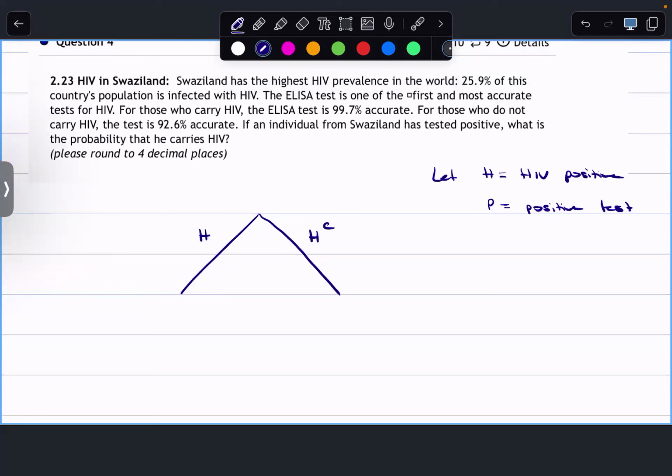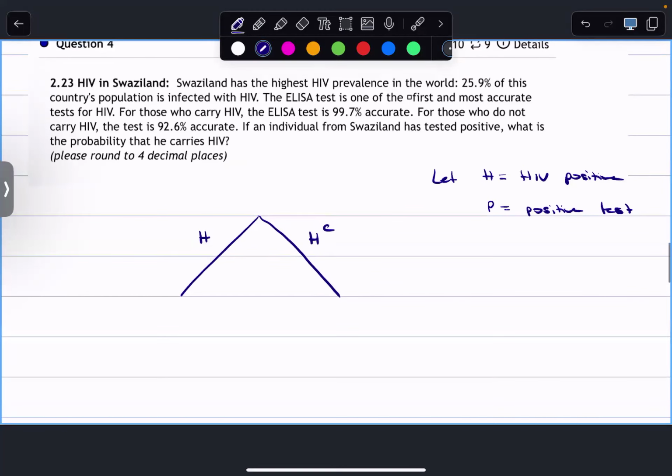Maybe I should do, no, I'm going to stick with it. It gets confusing with the positive and positive. Okay, so we're told that 25.9%. Now I'm going to use the proportion, because in our math we should be using the proportion.